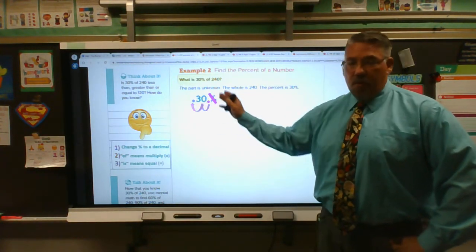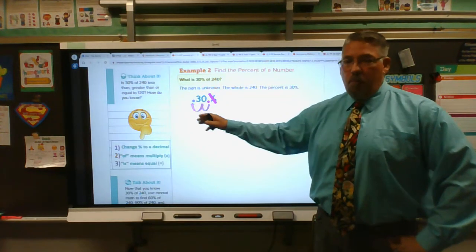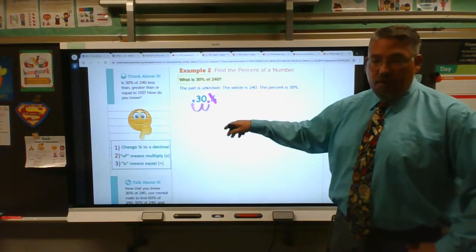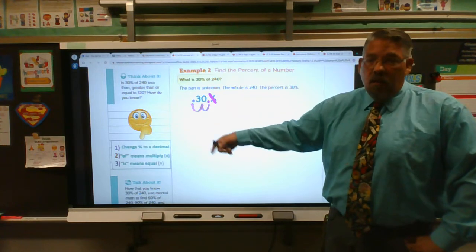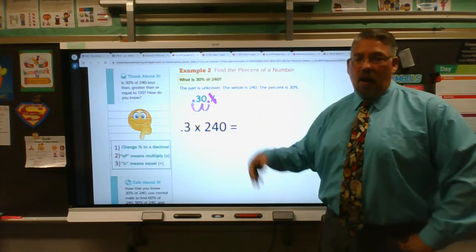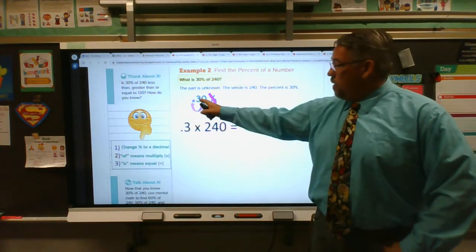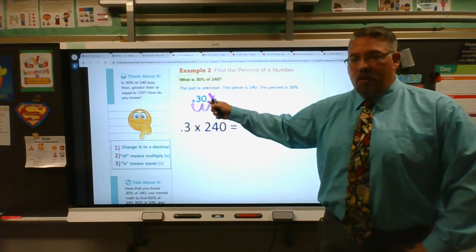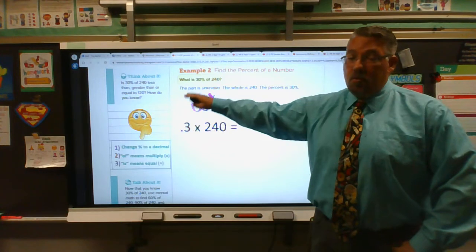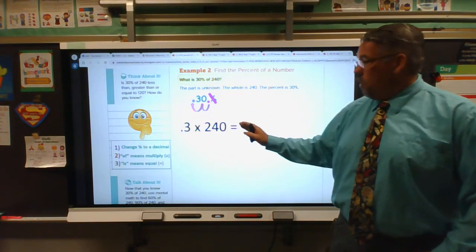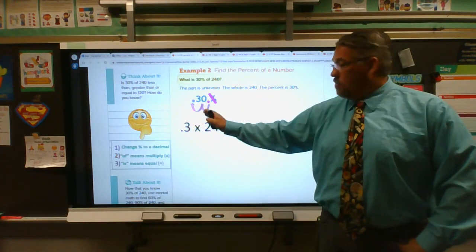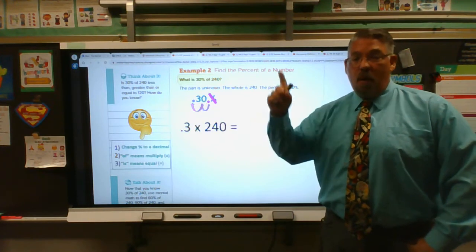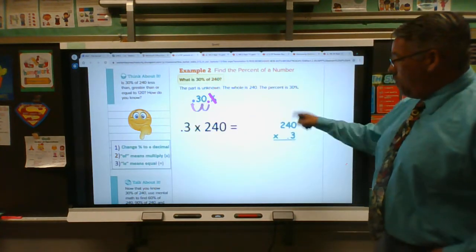Now that's 30%. I don't need to put multiplied by 30, but I can. It just gives me an extra line that I have to multiply by. In my decimals, I don't need that 0 at the end because it really doesn't change it any. If it was money, then I'd have to keep the 0. Since it's just a decimal, I can drop it off, and then I only have to multiply by 1 digit in my bottom number.